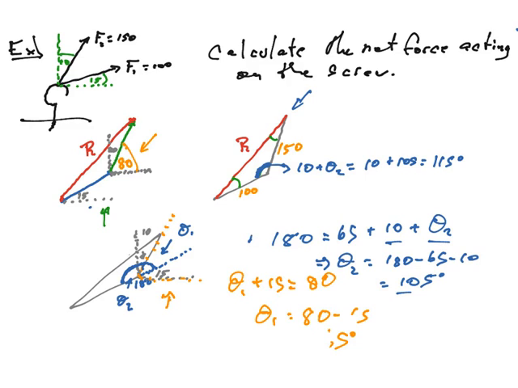So I used this equation here that said 180 degrees, the full straight line angle. What is it composed of? Well, remember, it was composed of theta 1, which was this right side angle over here, plus the 10, plus theta 2.